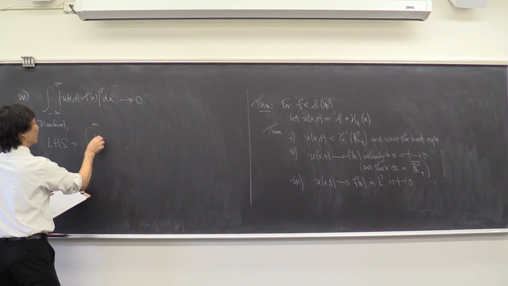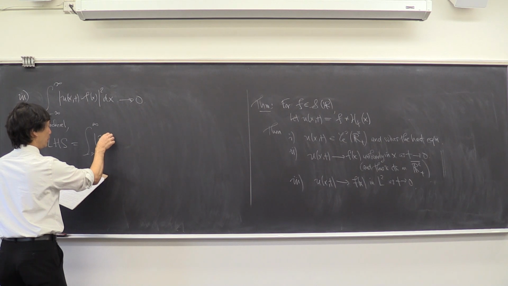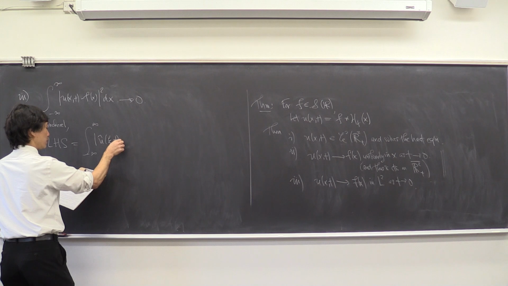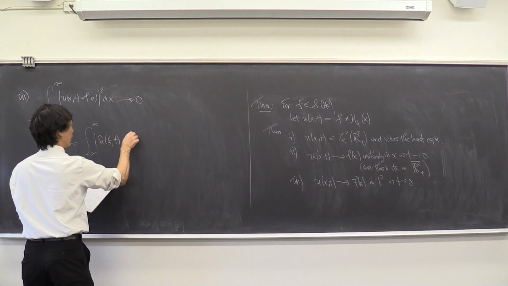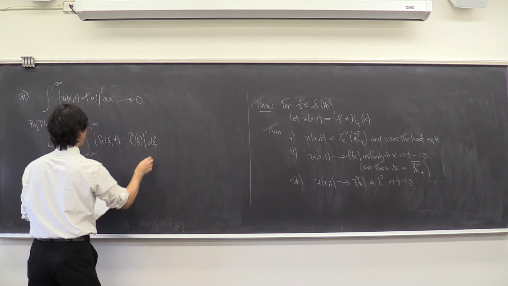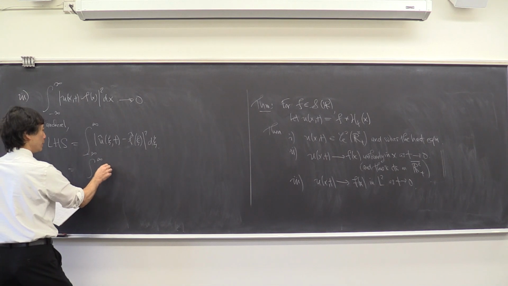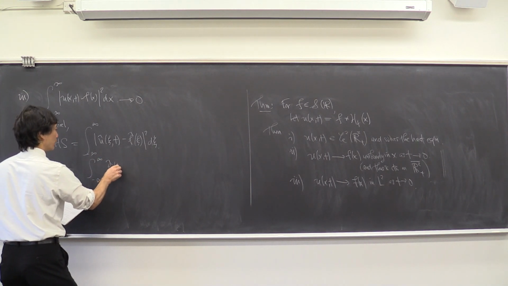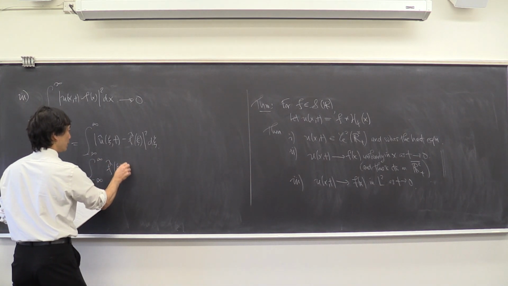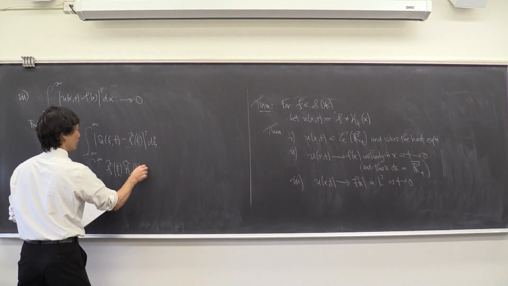So we get the integral of u hat of xi,t minus f hat of xi, squared, d xi. But u hat is just f hat times the Fourier transform of the heat kernel.